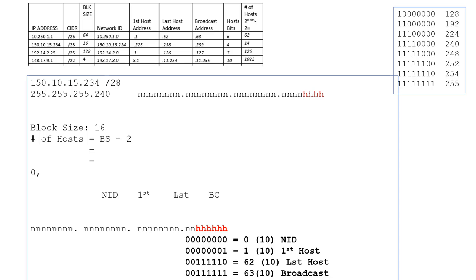And then if we take the formula and say block size minus 2, that's going to tell us the number of hosts. So 16 minus 2 gives me the number of hosts, 14. Okay. Next, we want to come up with our multiples of 16.